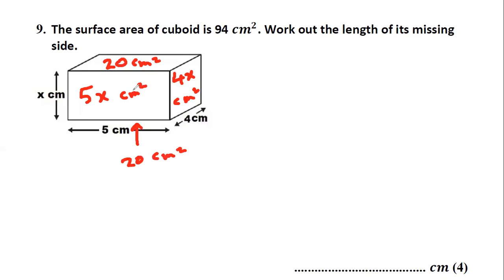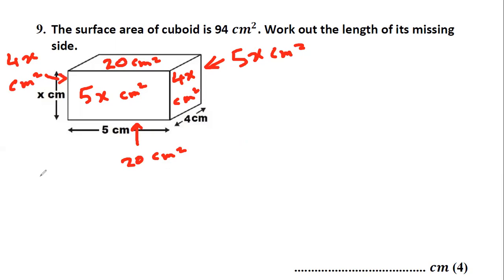There is an area opposite to the front face, in the back, that will also be 5x centimeters squared. And there will be a face on the left as well, which will be 4x centimeters squared. Right, so basically all of the 3 faces which we can see on the cuboid, we can actually double all of them and add them up.